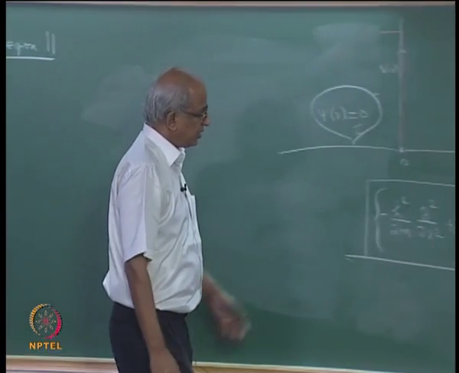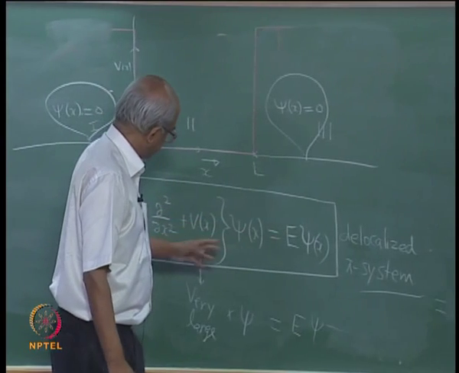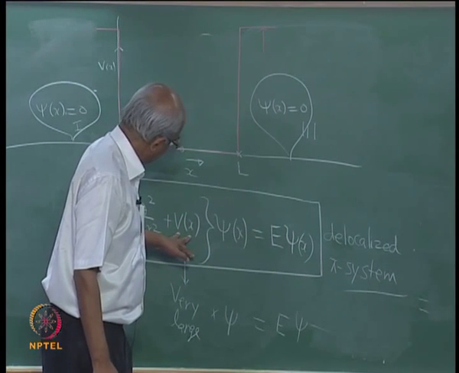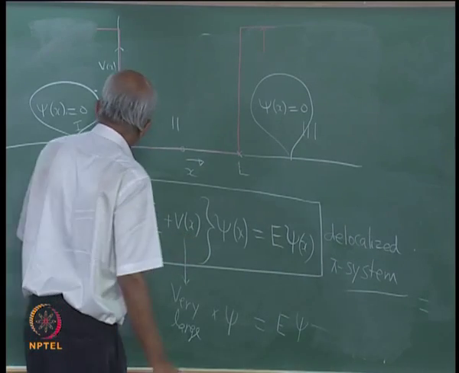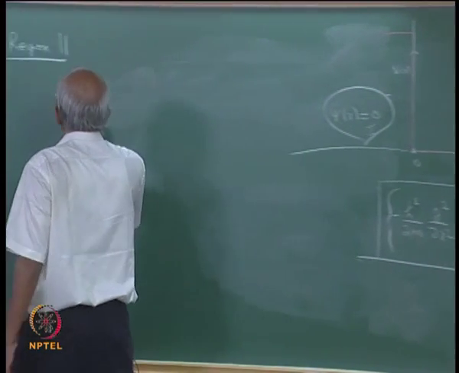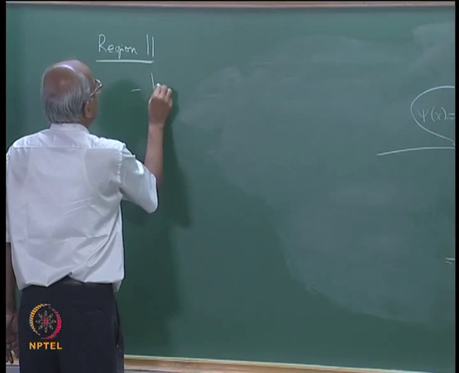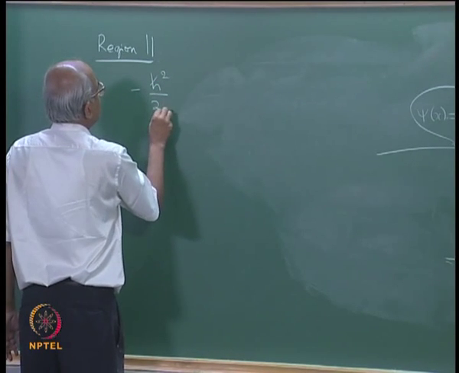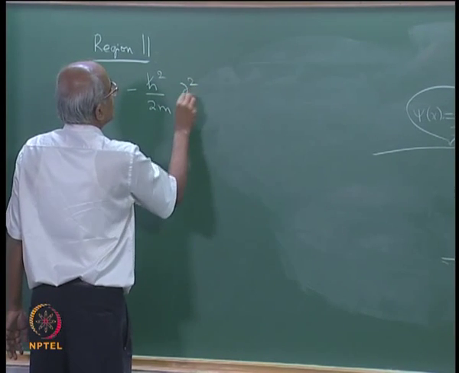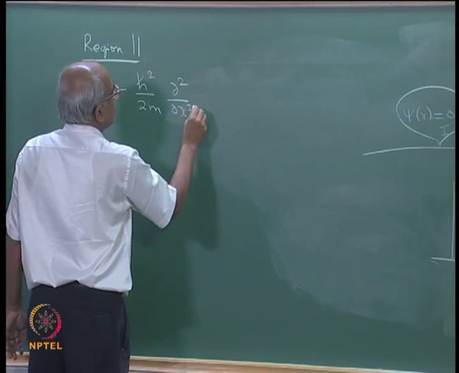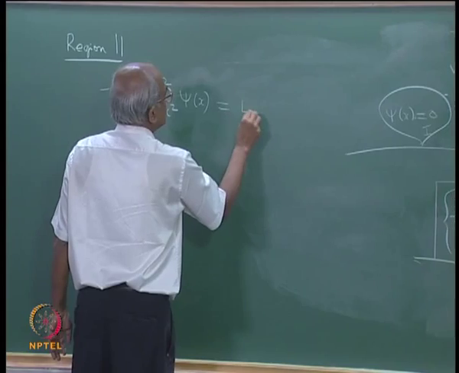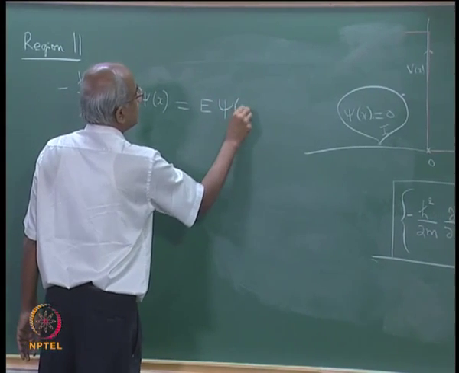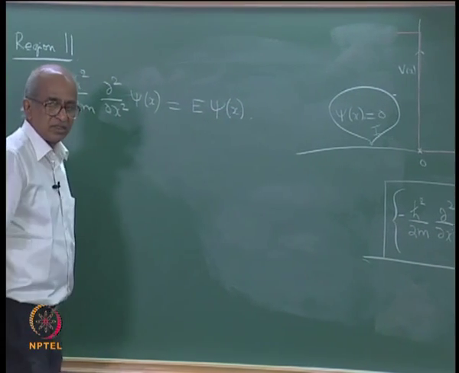In that region I know that V of x is 0. So, therefore, what will happen? I will have minus h cross square upon 2 m dou square upon dou x square operating upon psi of x is equal to E psi of x. This is the equation.